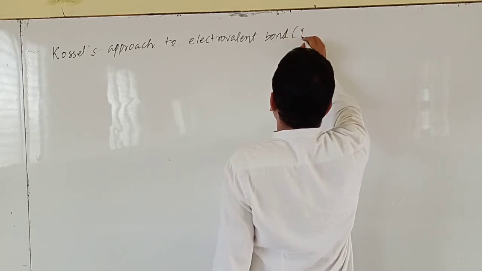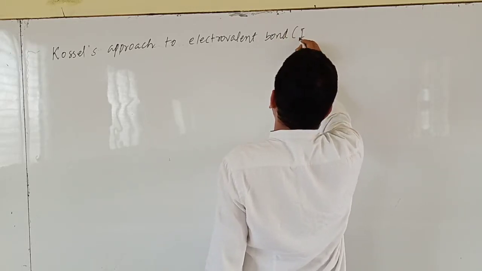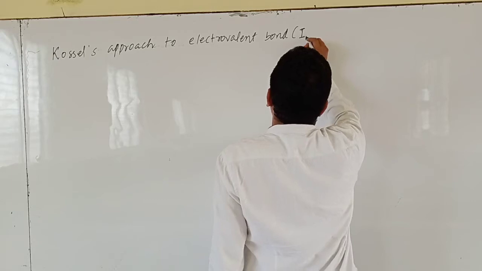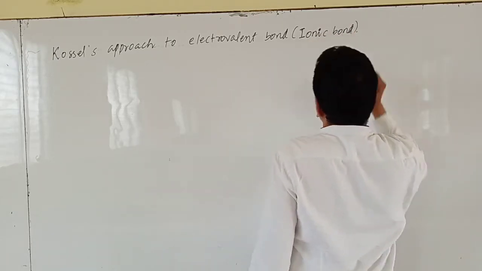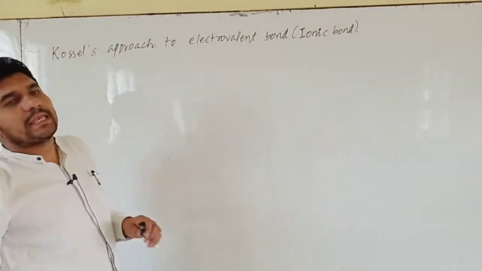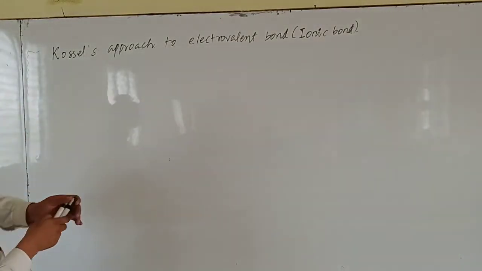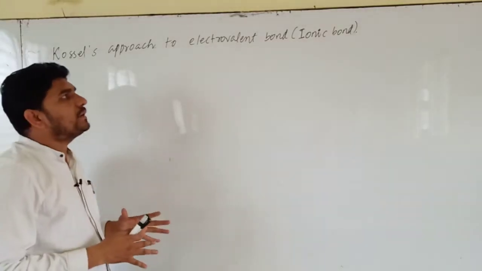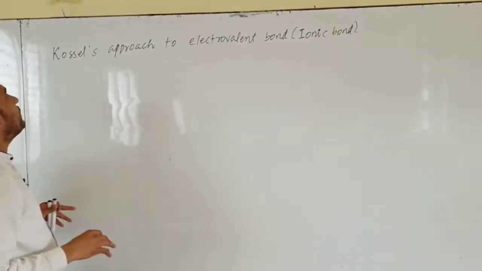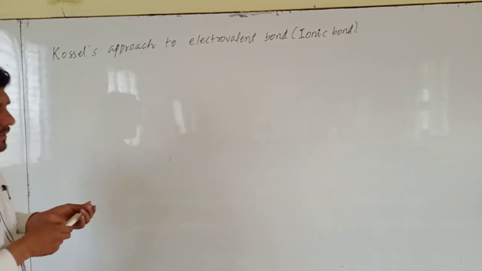Don't get confused with the term electrovalent. Electrovalent is nothing but ionic bond. What is actually an electrovalent bond? That was explained by the scientist Kossel.